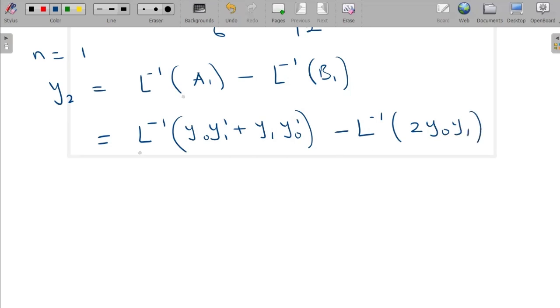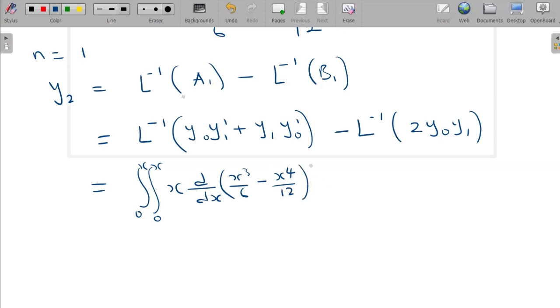From there we can carry out the integration. Our y naught is x, then our y1 is x raised to the power 3 over 6 minus x raised to the power 4 over 12, dx.